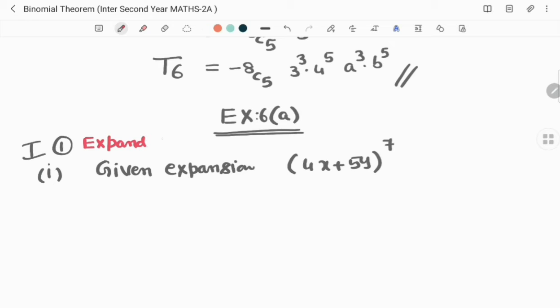Expand (4x plus 5y) whole power 7 using binomial theorem.